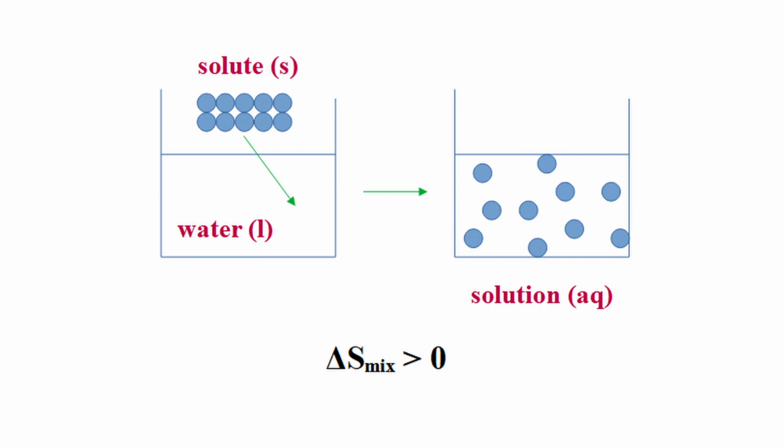Mixing always increases the degree of disorderliness. For example, consider a soluble solid solute dissolving in water. The particles of the solid are arranged in space in an orderly manner.